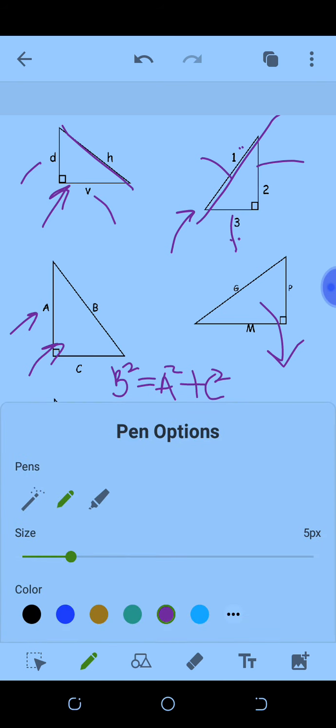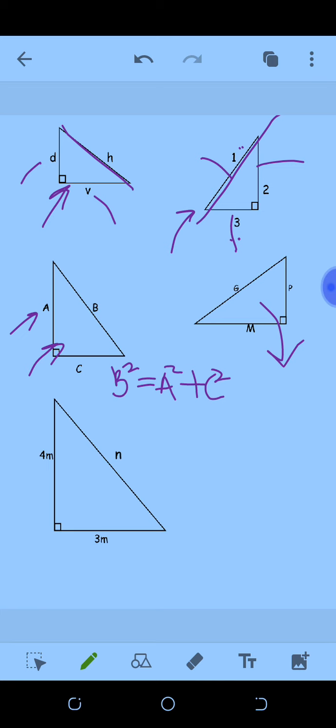Okay, looking at this other triangle here. Let me change the color. This other triangle says the hypotenuse here is G. So it's going to be G squared, because it said square of the hypotenuse is equal to the sum of the square of the adjacent sides.